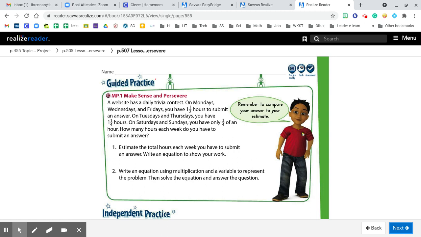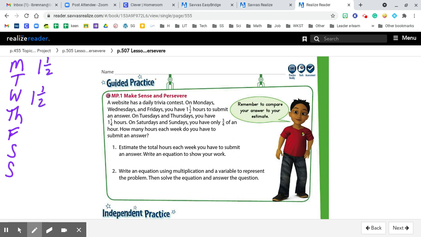So let's take a look. Monday, Tuesday, Wednesday, Thursday, Friday, Saturday, Sunday. So on Mondays, Wednesdays, and Fridays, you have 1.5 hours. On Tuesdays and Thursdays, you have 1.25 hours. On Saturdays and Sundays, you have 3/4 of an hour.